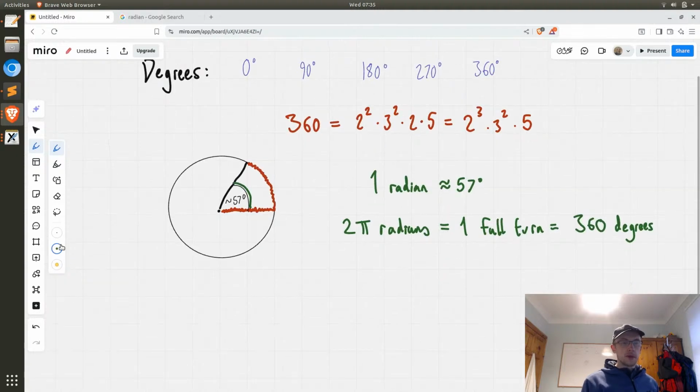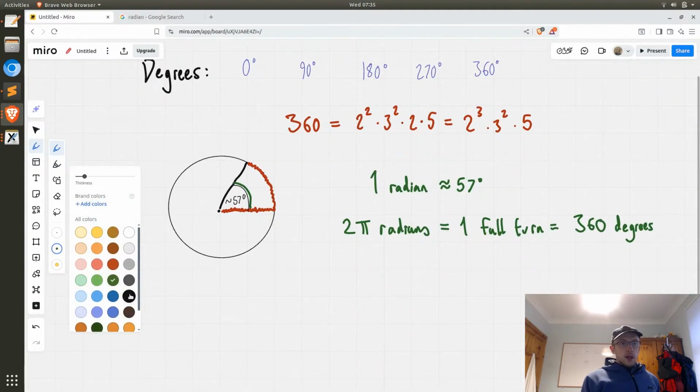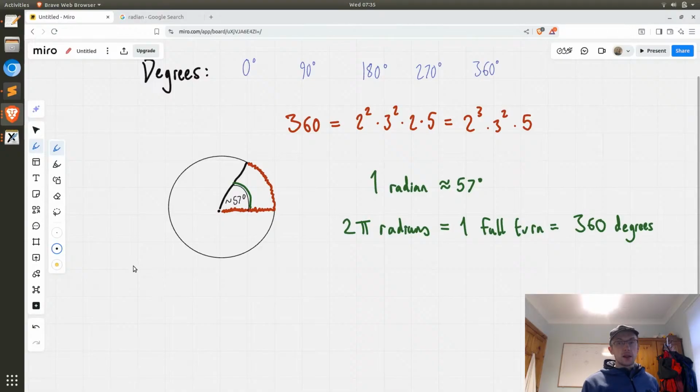If you want the proof that 2 pi radians make 360 degrees, well, you know that the circumference of a circle is pi multiplied by the diameter. And the diameter, beg your pardon, that should be capital D. The diameter of a circle is double the radius.